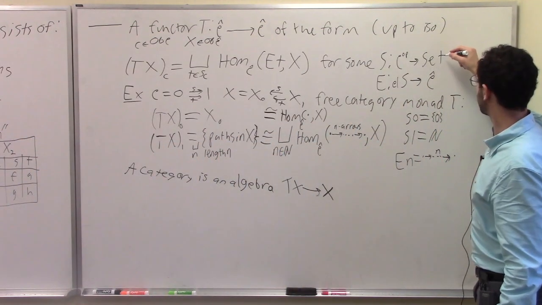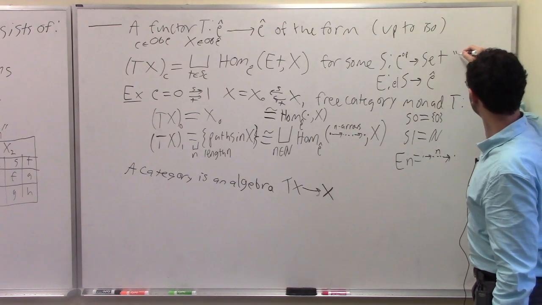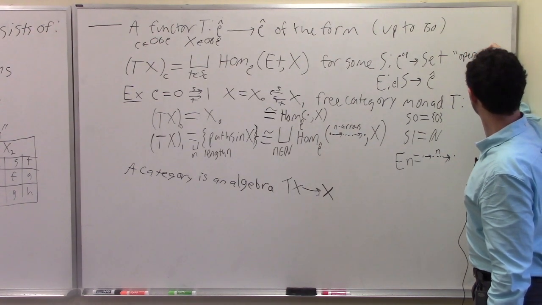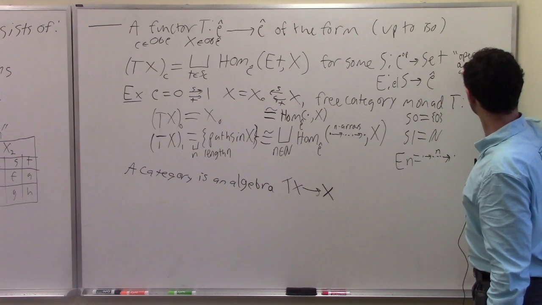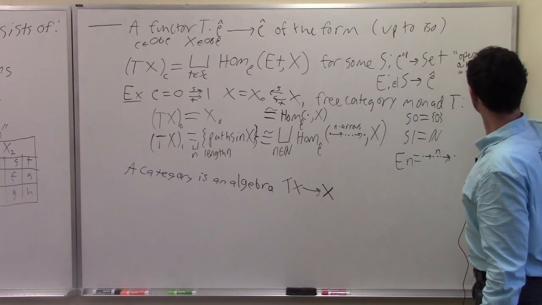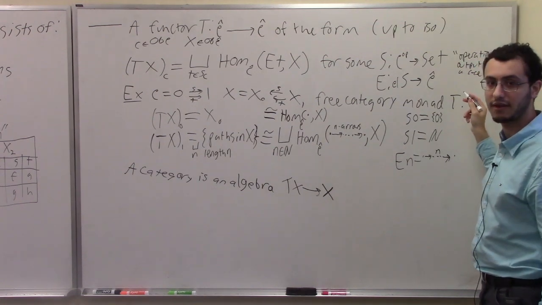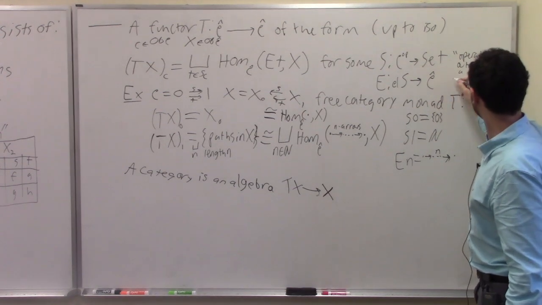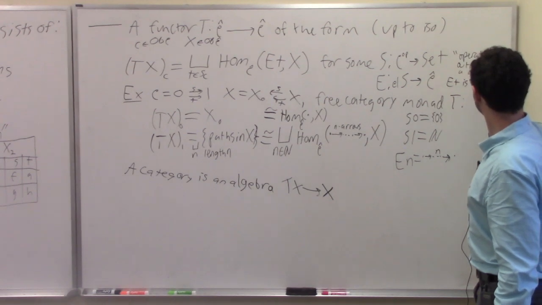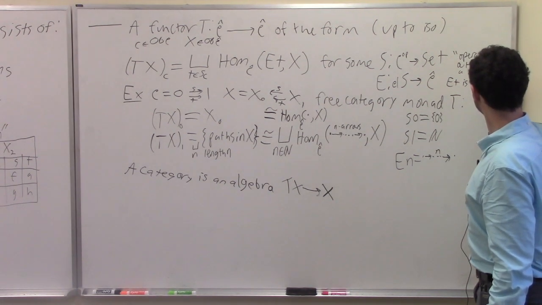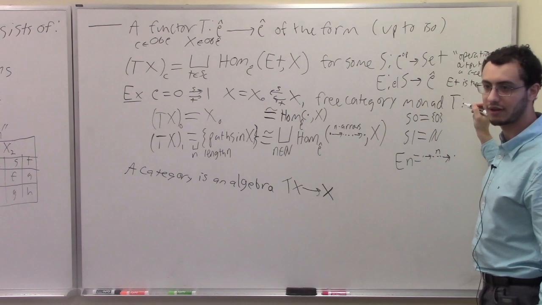And so this S is the operations outputting a C cell. And ET is the arity of an operation.